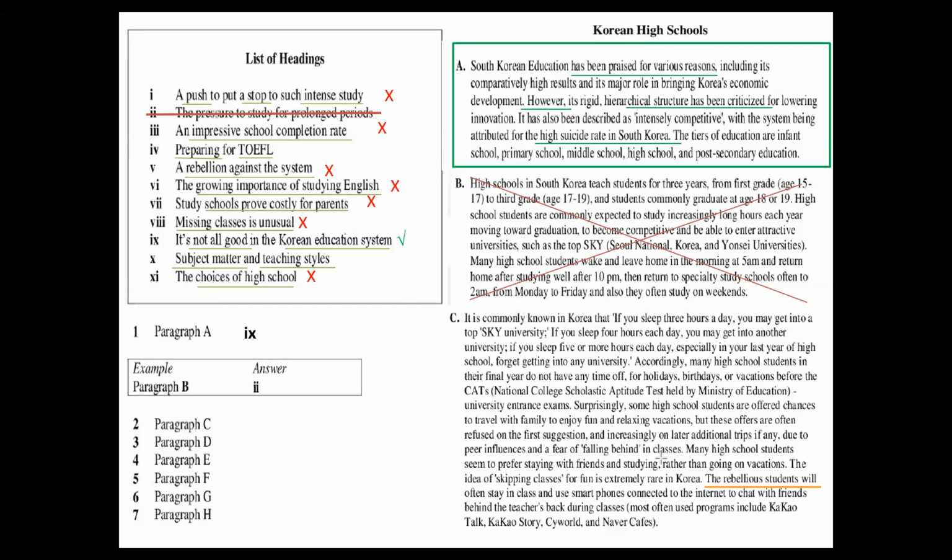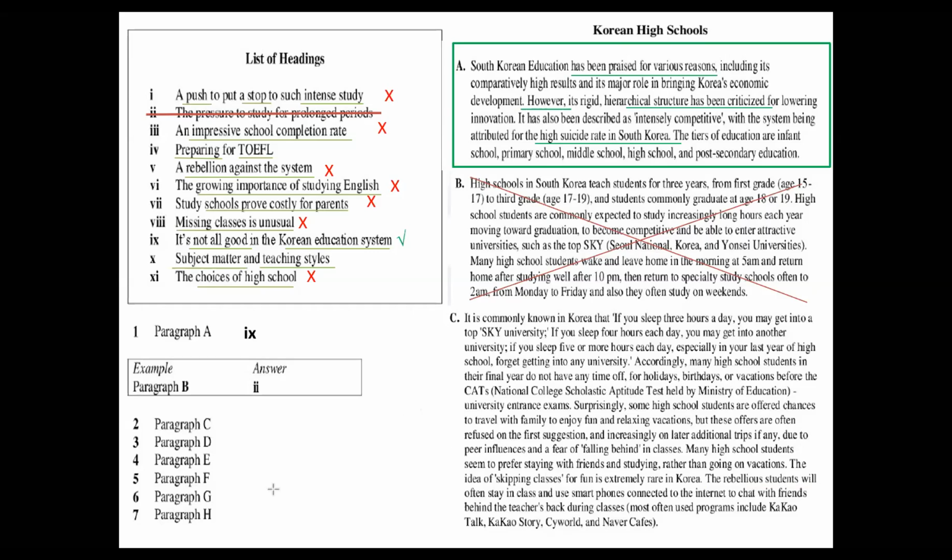Okay, so because you see the rebellious students here, the answer could be number 5 in headings, right? Surprisingly, some high school students, but they often refuse on the first suggestion. In the middle sentence, here, this one. Okay, thanks for your explanation, guys.